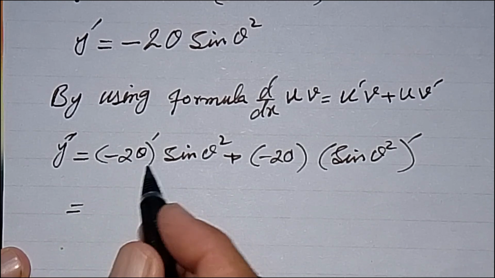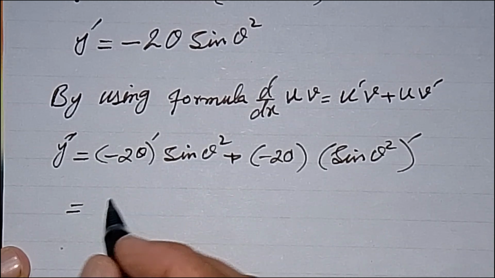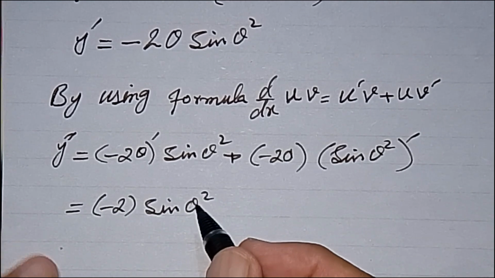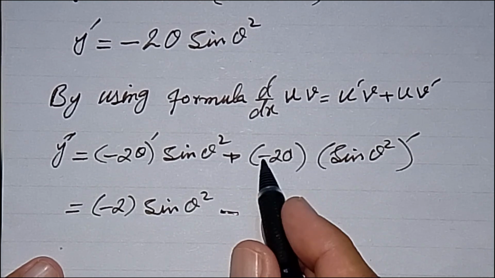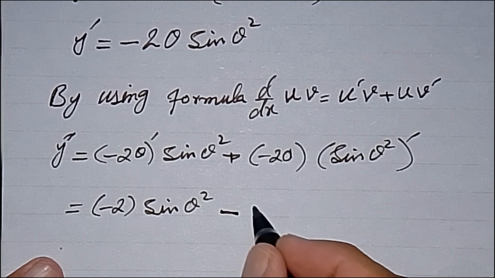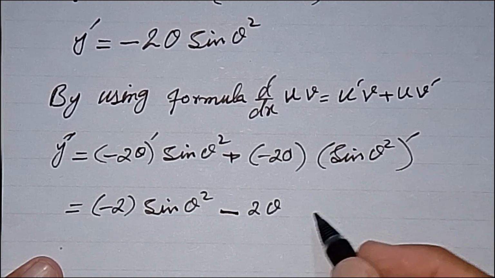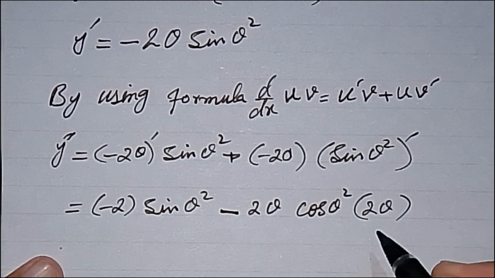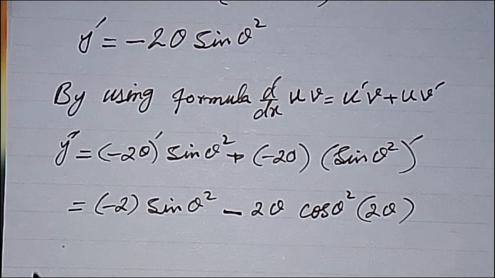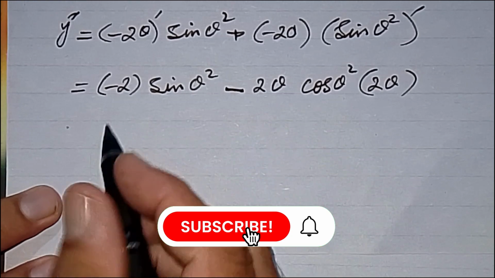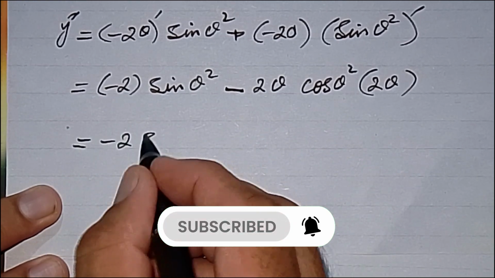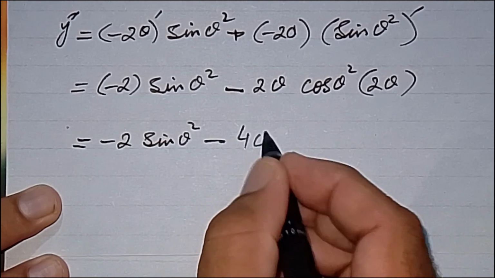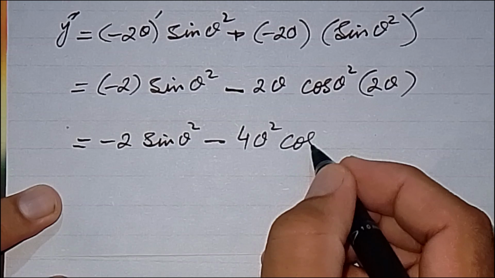Now we take minus 2 theta. The derivative of theta is equal to 1, therefore it becomes minus 2 sine theta square plus minus 2 theta sine theta square is equal to cos theta square into 2 theta, which becomes minus 2 sine theta square minus 4 theta square cos theta square.